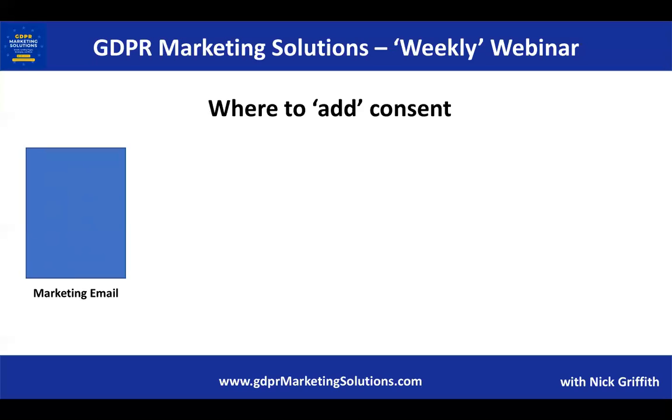A marketing email. If you've got an advanced CRM, for example Infusionsoft, and you're sending out an email that is very explicit and ticks all the boxes, the person doesn't have to leave the email. All they have to do is click on the link, and that gives consent, for example, for them to stay on the newsletter. That would be good enough. So that is them staying in the email ecosystem, shall we say.